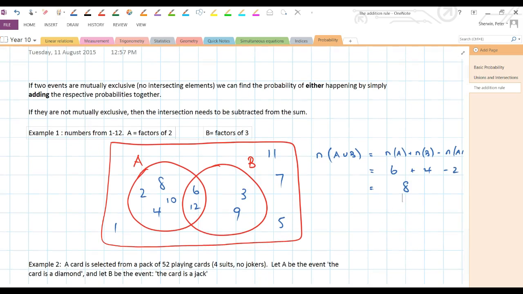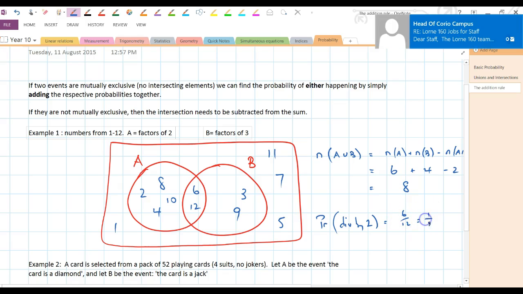Okay, so if we wanted to look then for the probability, if a number is chosen at random, that it's divisible by 2, then you'd say, right, well, there's 1, 2, 3, 4, 5, 6 that are divisible by 2 out of 12. Half.